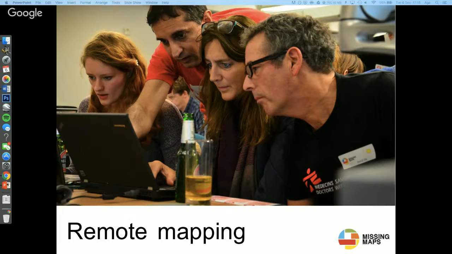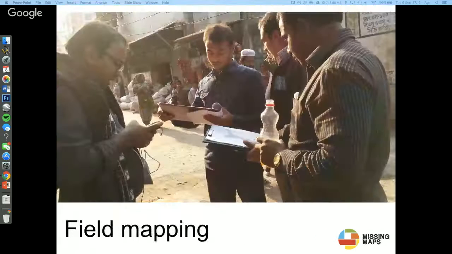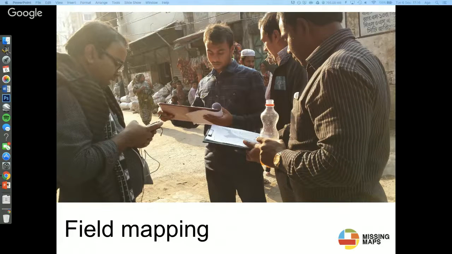Then it's still going to look like an empty looking map. It's going to be like an easy backdrop and then just like a square. But we need to know what that square is. Is it a house? Is it a school? And that's where field mapping comes in. So we have local volunteers in the field who are going around adding those details to the map. So the name of the street, which some places we do have problems.